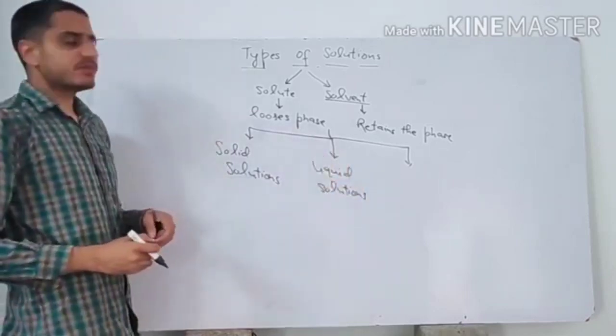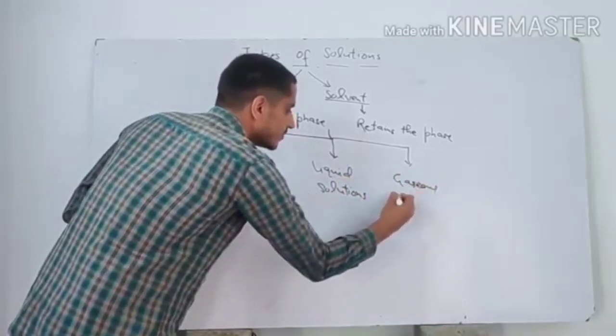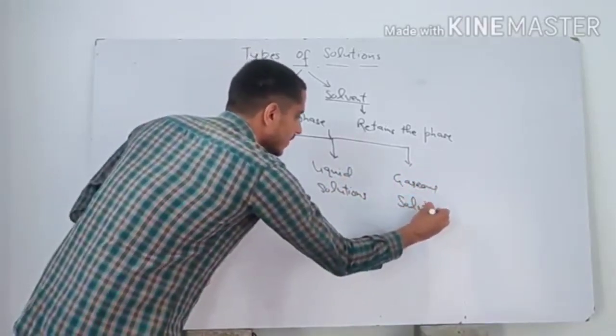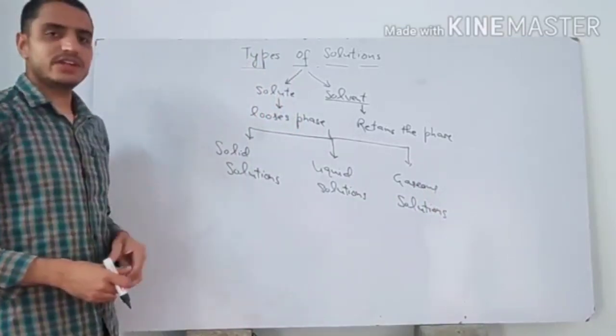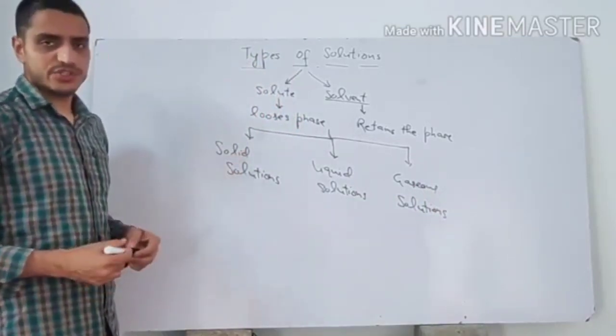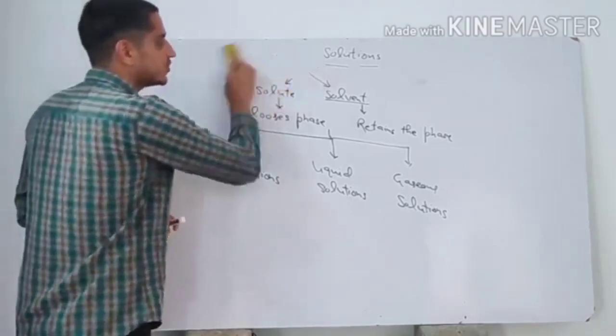And the third type of solution will be gaseous solutions. So we will study today one by one all the three types of solutions. Clear? So write it down, and we will begin with the solid solutions.